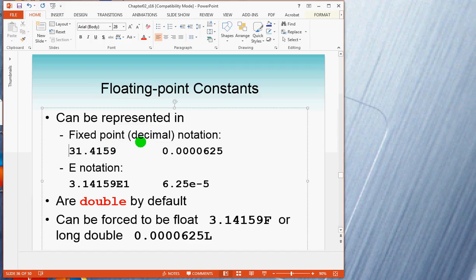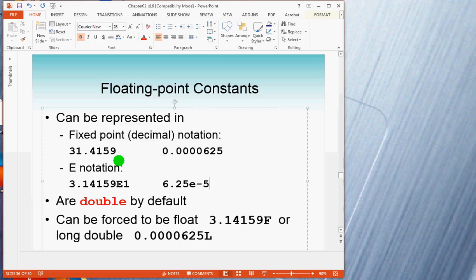The other way that we write, especially if we take a class in physics or science, is scientific notation. We don't write all these digits out. We just write a number and then give an exponent. So the e is the same as writing times 10 to the power 1. This is like writing times 10 to the power minus 5.